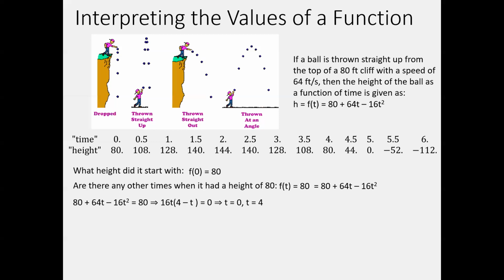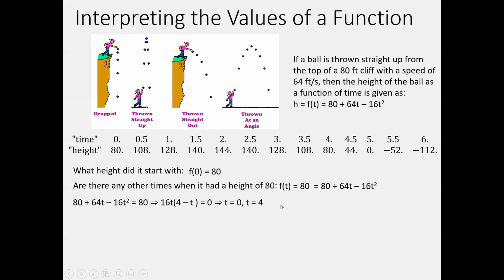The 80s cancel out. I'm left with 64t minus 16t squared is equal to 0. I can factor out the 16t, and sure enough, I have two solutions. When t is 0, which we already know, is where the ball starts. And when t is equal to 4, right here. We don't need to search through the table of values.